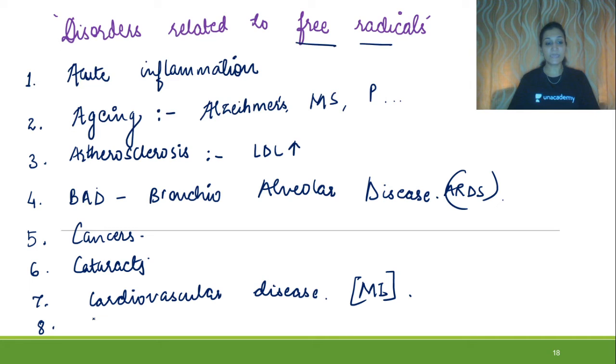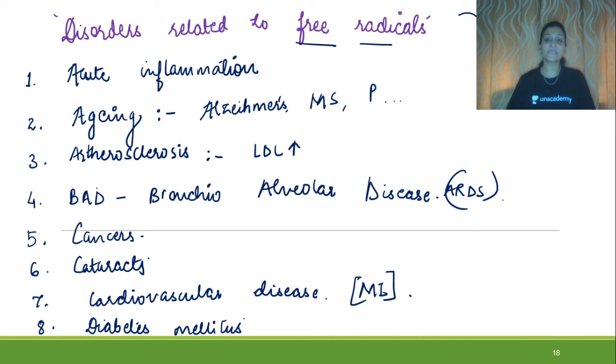And lastly, there are many, but some I have included here. The last example we are seeing is diabetes mellitus. The beta cells of the islets of Langerhans of the pancreas will be damaged and it will cause insulin dependent diabetes mellitus, right?